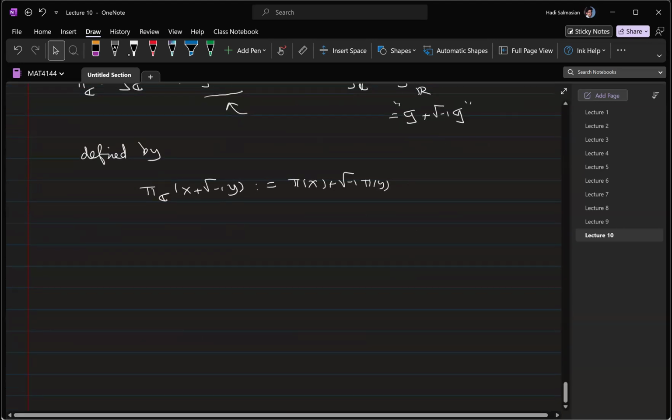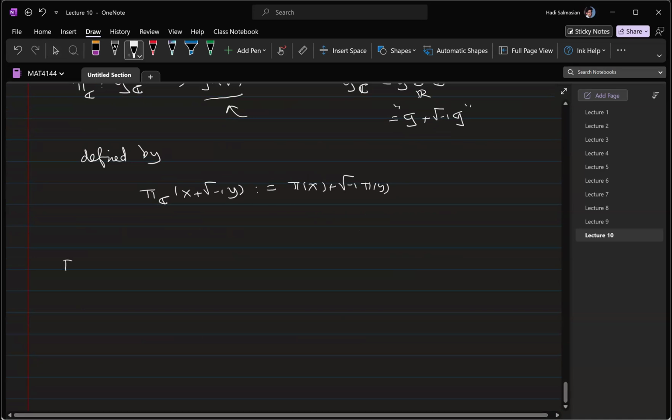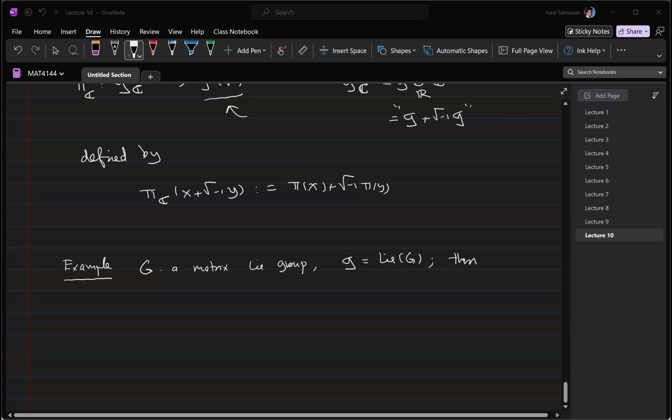Maybe I just remind you of the following example. If G is a matrix Lie group, and if fraktur g is the Lie algebra of G, then we have the representation, which is this adjoint representation we should talk about.